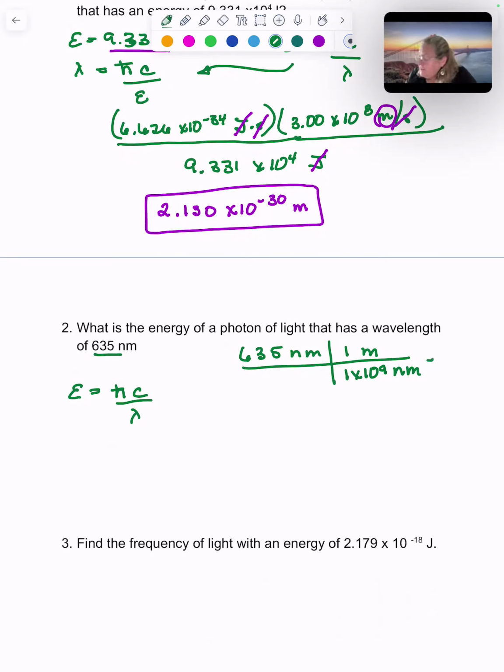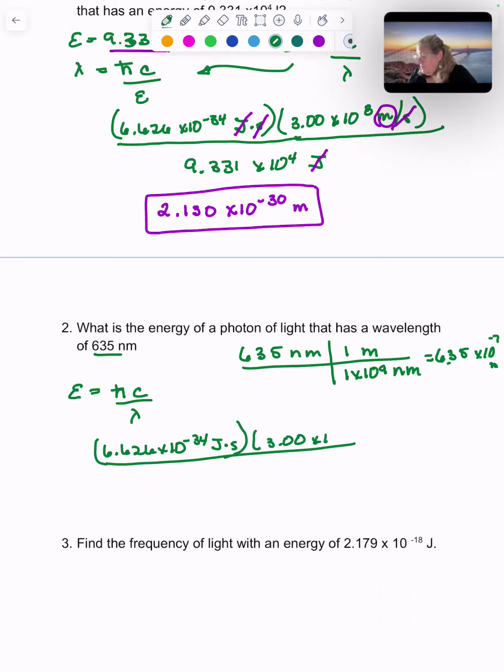So that's going to give me 6.35, with a decimal point here, times 10 to the minus 7 meters. Then 6.626, Planck's constant, times 10 to the negative 34 joule seconds, times 3.00 times 10 to the 8th meters per second, divided by 6.35 times 10 to the minus 7 meters.